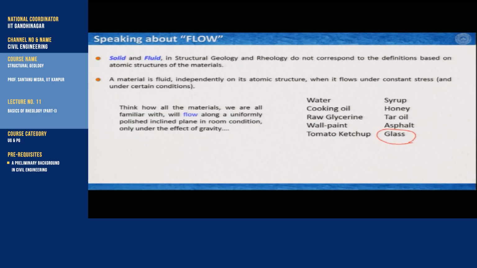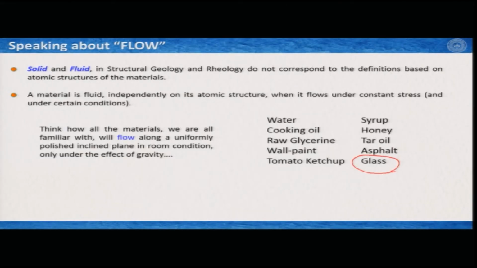And if you release all these fluids at the same time, you will see water is the fastest to touch the base of this sloping plane. And probably tar oil and asphalt are extremely sluggish, and to touch the base it may take a few days.